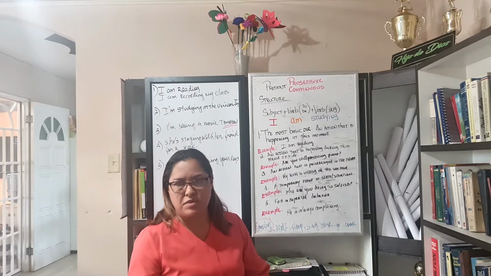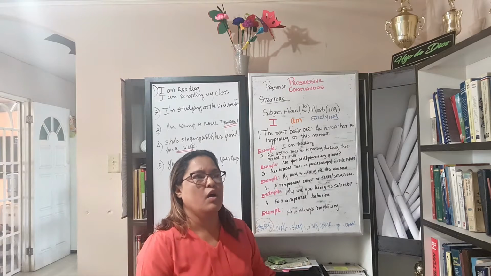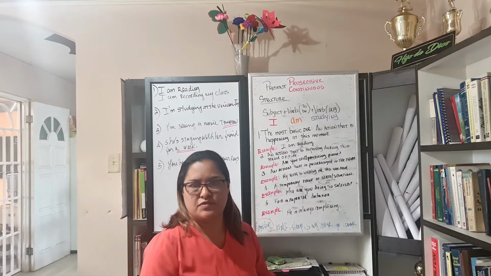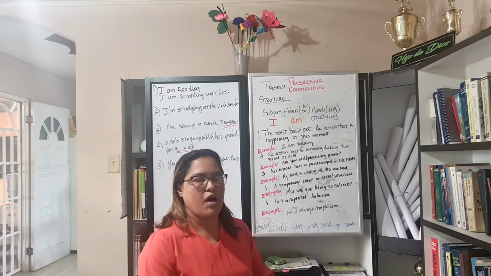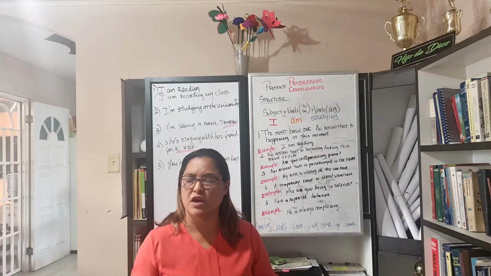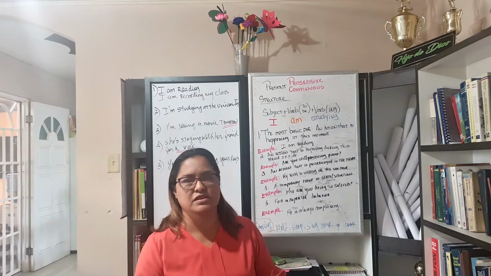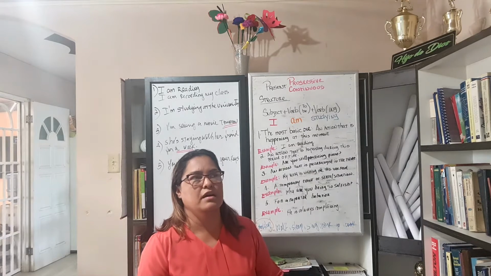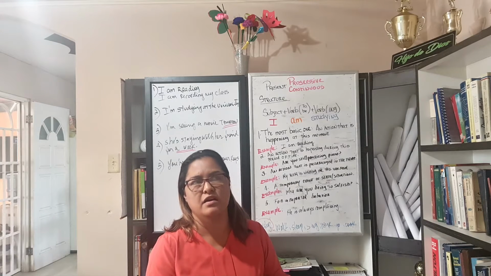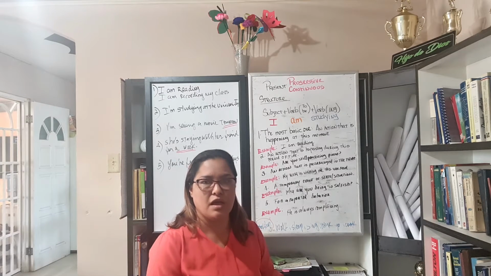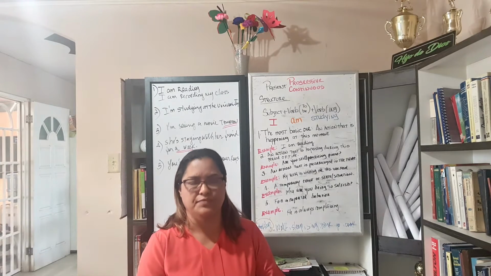Or maybe you are a little more advanced and you say, okay, you can use it for an action happening now, and I know I can use it for future action too. All these sentences are correct, but these are 2 rules that we are going to talk about today. But there will also be 3 more rules.